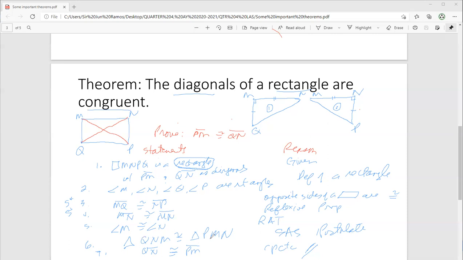Q corresponds to P, N corresponds to M, and M corresponds to N. And by CPCTC, this side here that we want to prove congruent is shown now to be congruent by corresponding parts of congruent triangles.